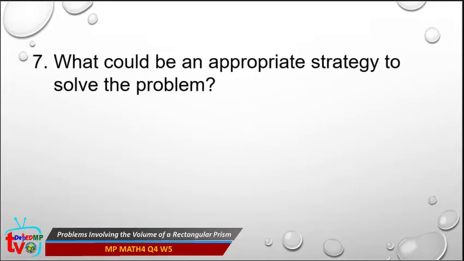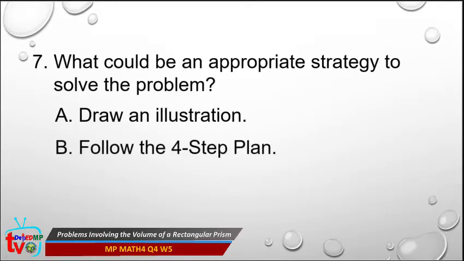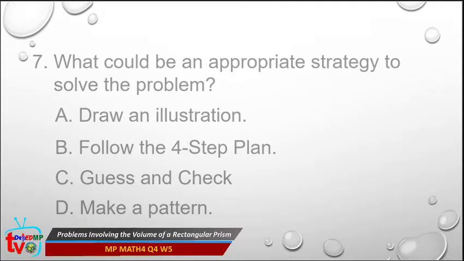Number 7. What could be an appropriate strategy to solve the problem? A. Draw an illustration. B. Follow the 4-step plan. C. Guess and check. Or D. Make a pattern.